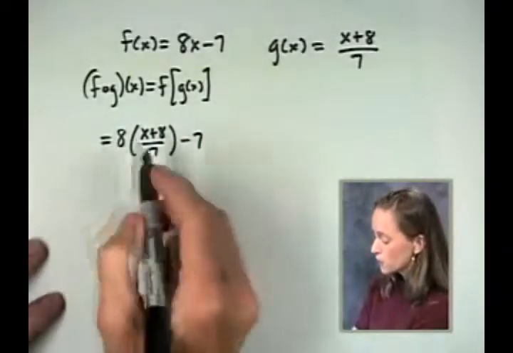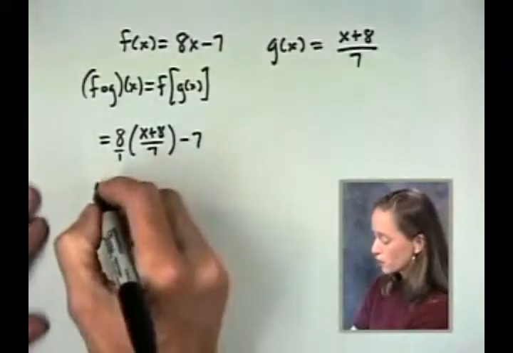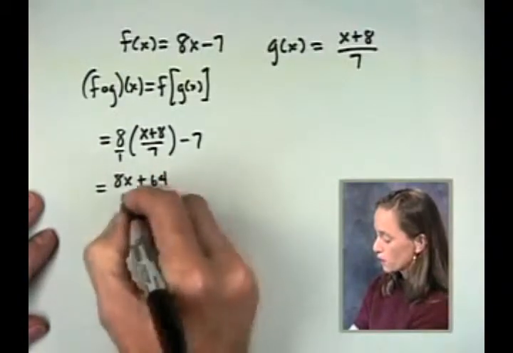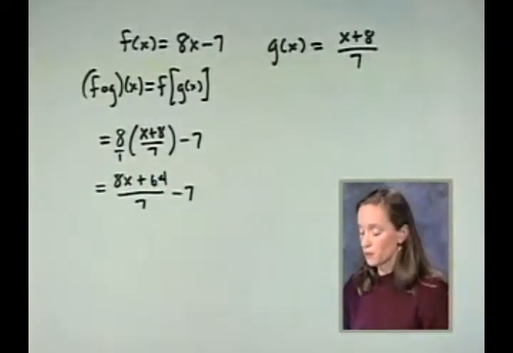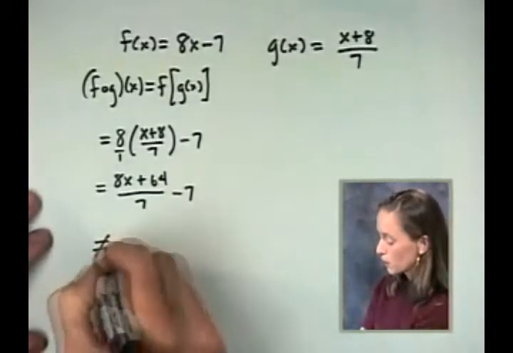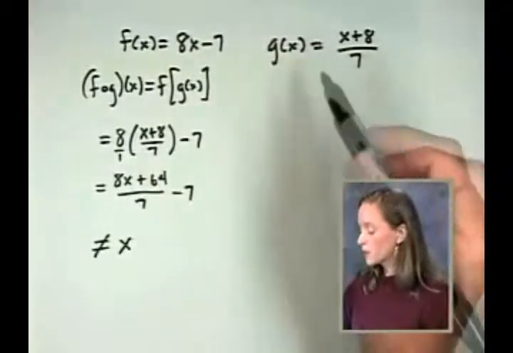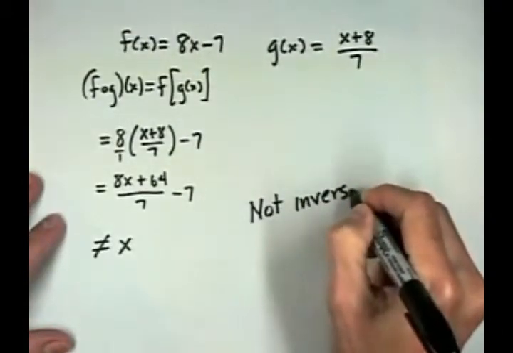Now when I distribute the 8, I'm going to consider it 8 over 1 and multiply the 8 by the numerator and the 1 by the denominator to get 8x plus 64 over 7. There's no way to simplify this to the variable x. Therefore, we have to conclude that this f and this g are not inverses or inverse functions.